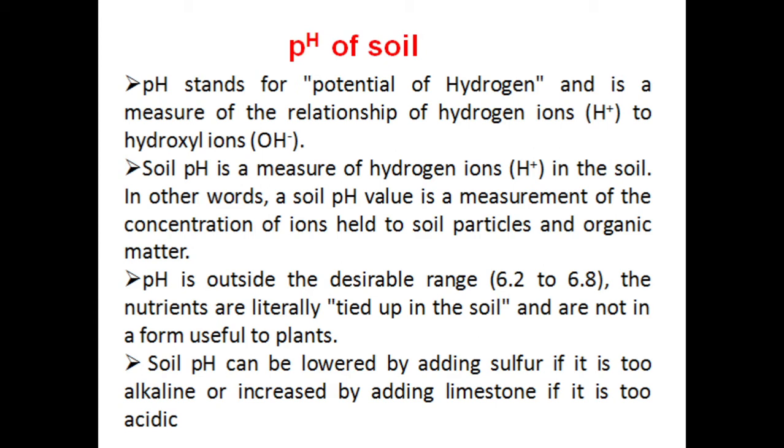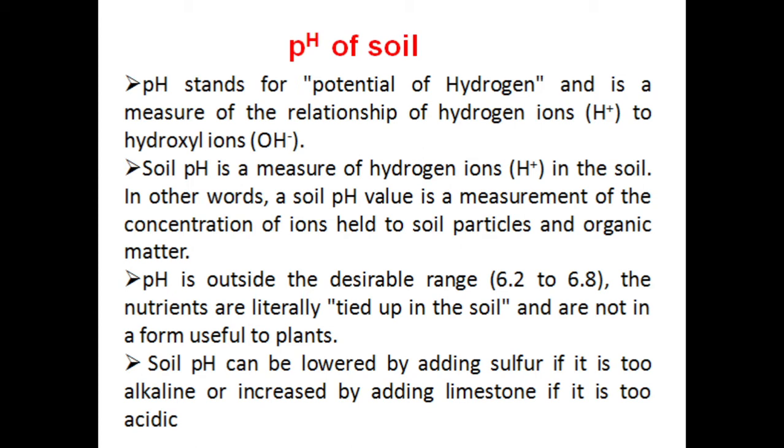Now, how does pH play an important role in soil chemistry? For plants to grow healthy, the desirable pH range is between 6.2 and 6.8. In that range, it is slightly acidic, not neutral.